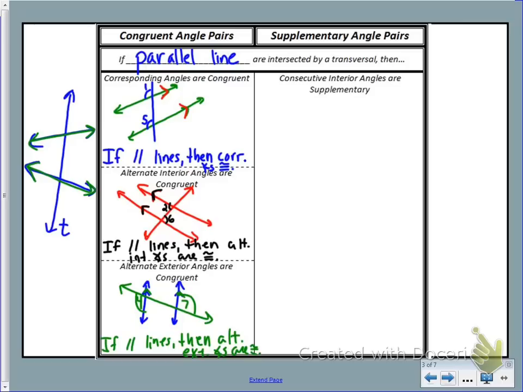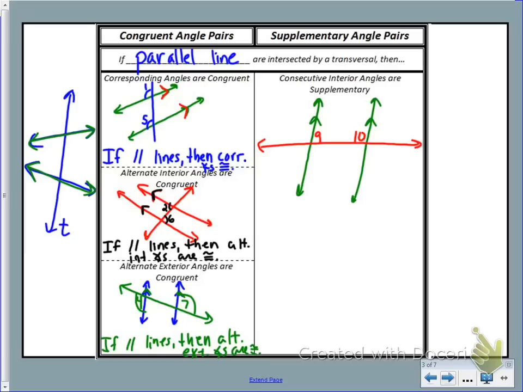Okay, the last relationship we have is consecutive interior angles. I call those same side interior angles. So we have two lines which happen to be parallel, intersected by a transversal. For example, we might have 9 and 10 as our consecutive interior angles.